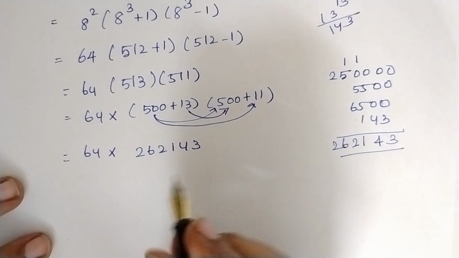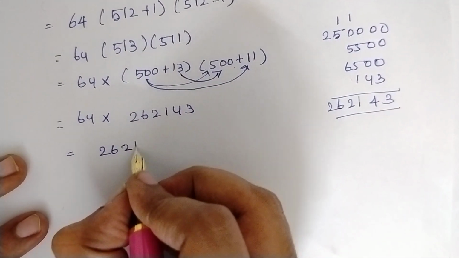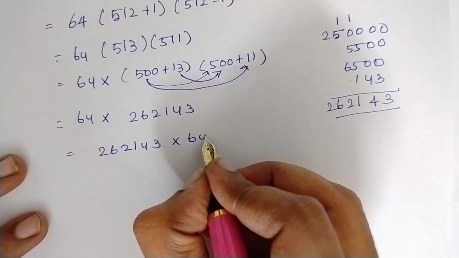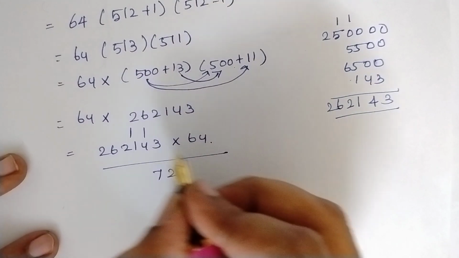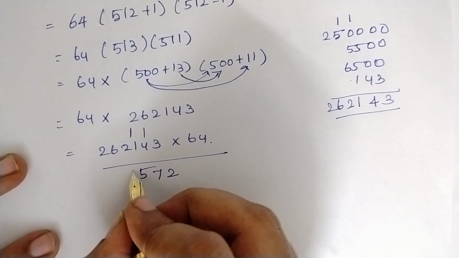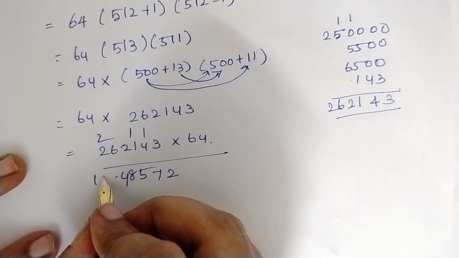So we need to multiply these two. For my convenience, I'm going to write like this. Just swap and write. Okay, both are equal. So just multiply. 12 balance 1, 16 plus 1, 17. 4 plus 1, 5, 8. 6 4s are 24, balance 2, 8 plus 2, 10.